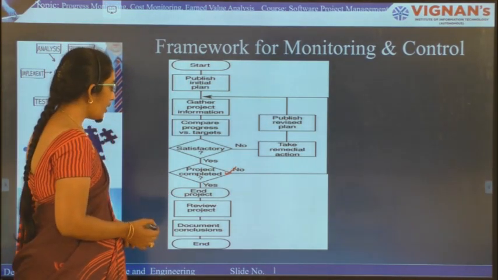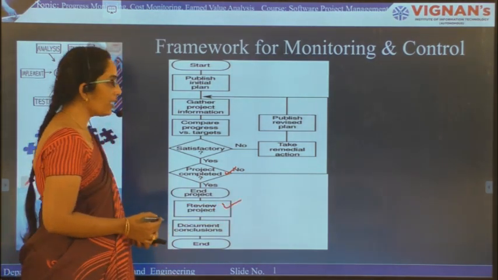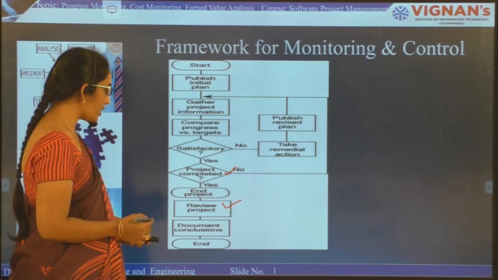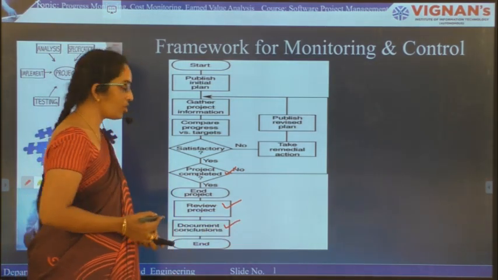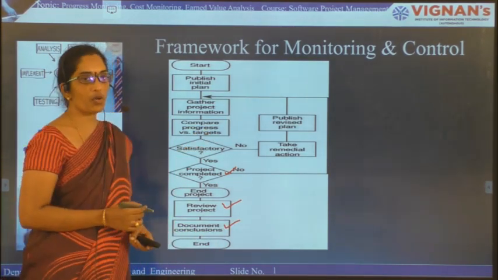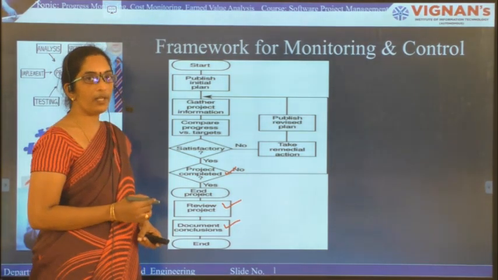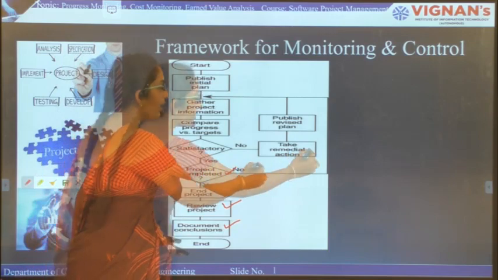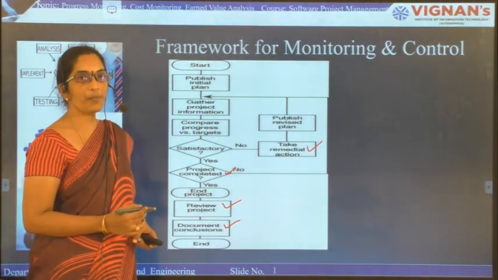After that, we will review the project, and if there are any suggestions, we will implement those suggestions and document all the conclusions. If, while comparing the project progress with the targets, we are not satisfied, then we will take remedial action and publish the revised plan.